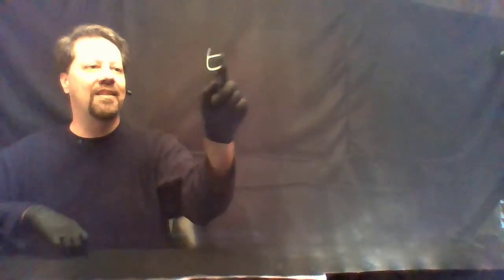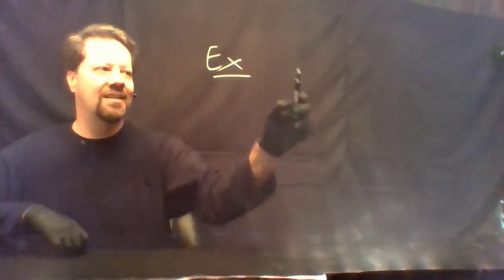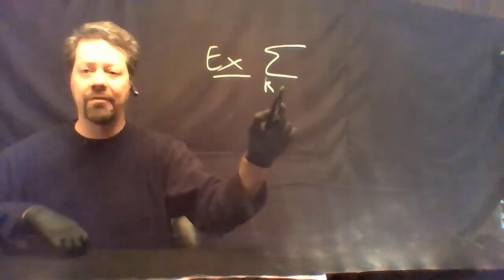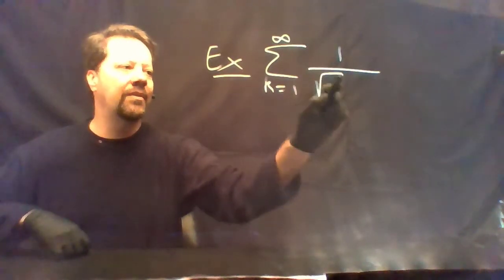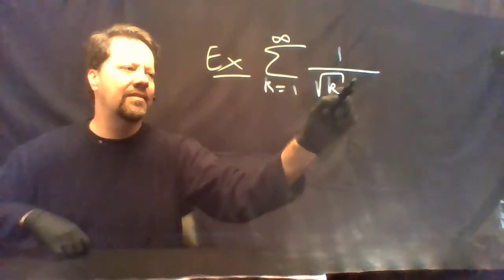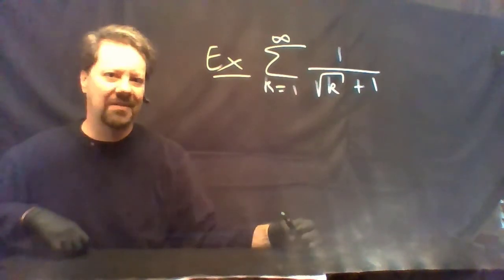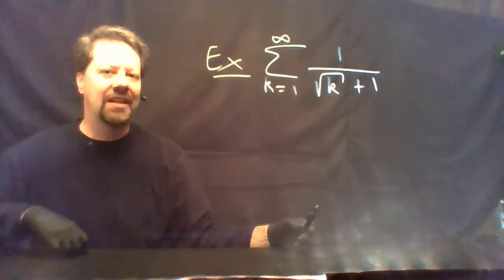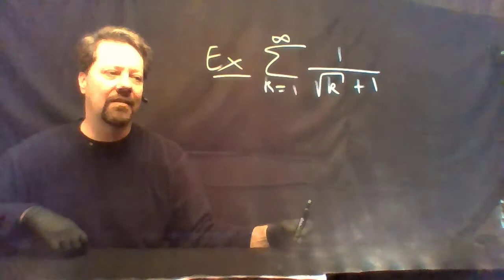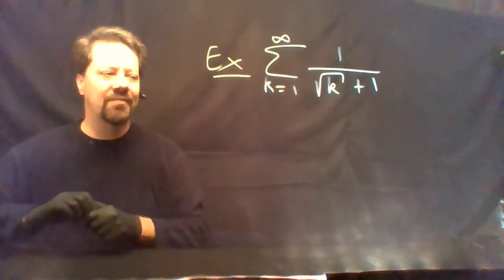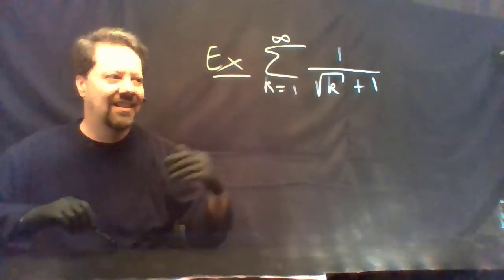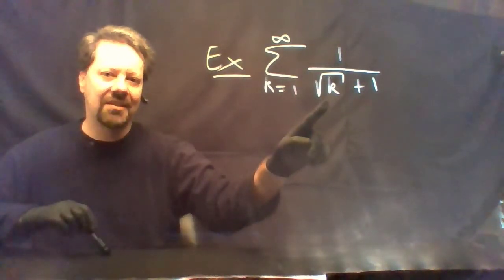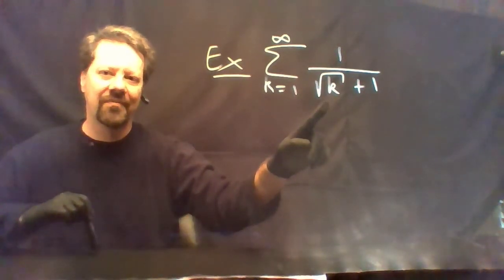We can also apply the comparison test to prove divergence. Suppose we have 1 over the square root of k, say, plus 1. We need to find a series that is smaller that diverges. Does this series converge or diverge?